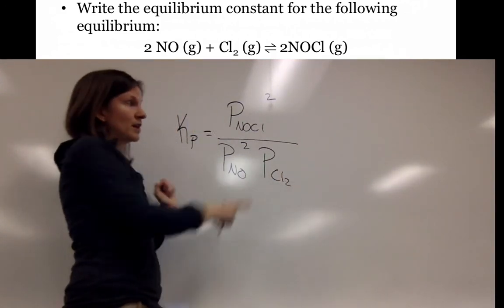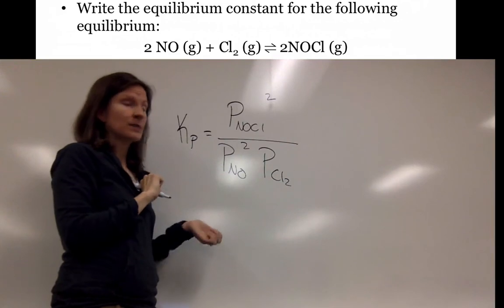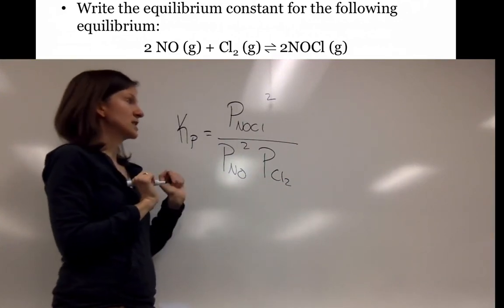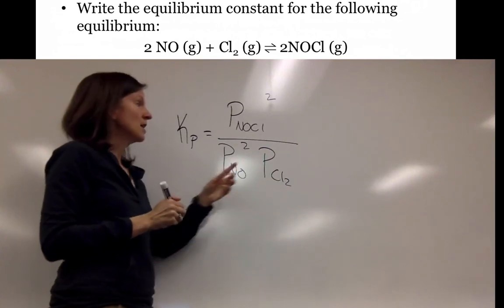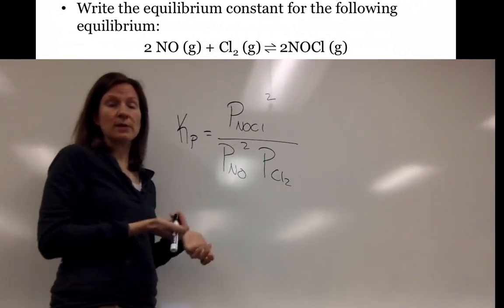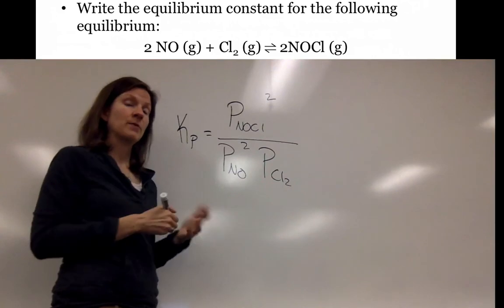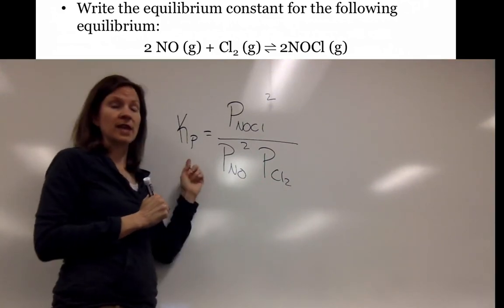So I still have three variables, just like I would get from a Kc expression, but now I'm doing pressures instead of concentrations, still raising them to a power of their coefficients. So what we would plug into these locations would be a pressure number, in atm or kPa, in order to solve for the Kp.